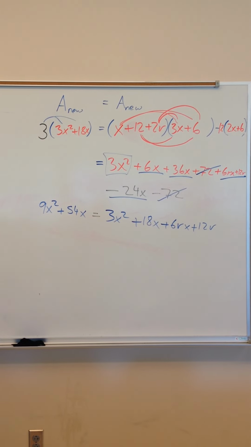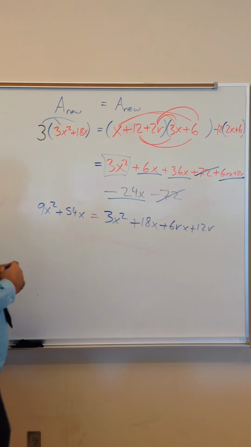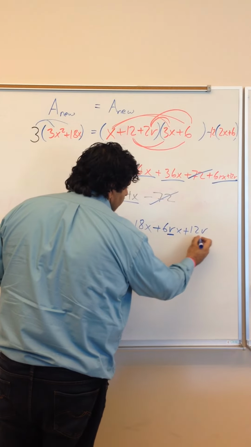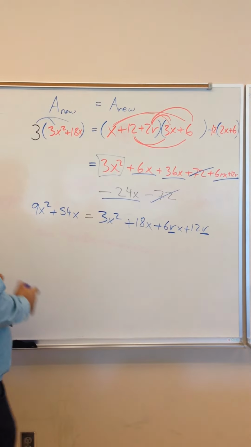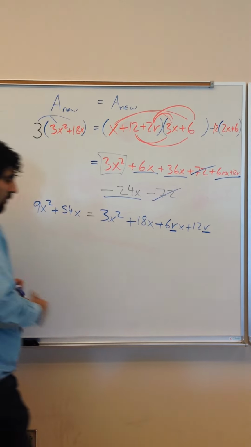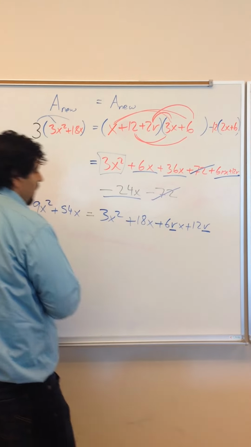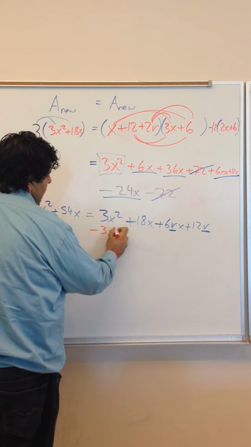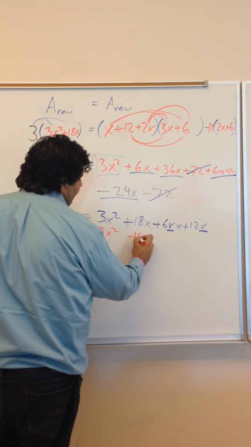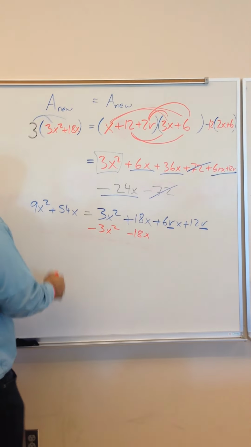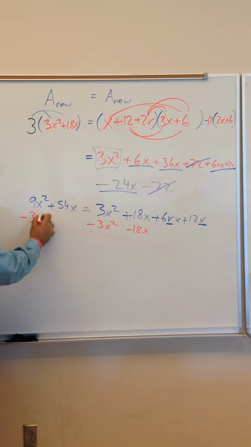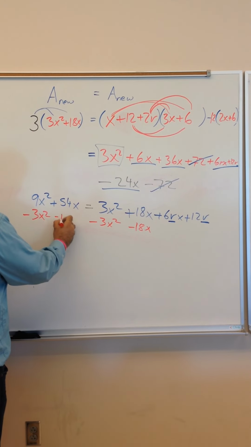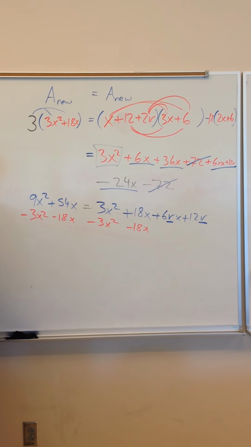Now here's the deal. Number 3 was asking you to isolate r. In order to isolate r, you want to remove all of the other non-r terms. So we want to remove the 3x squared. We want to remove the 18x on both sides. So subtract 3x squared on both sides, subtract 18x on both sides.